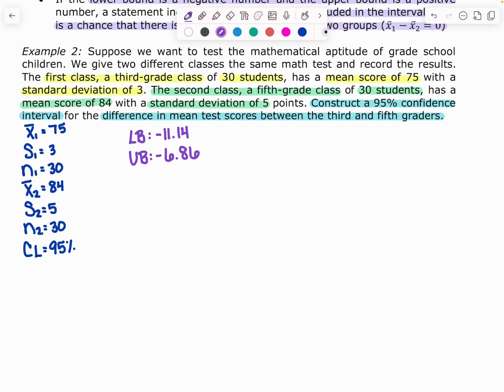I could have gone to 1 decimal to give the accuracy to one more decimal than was presented, but I decided to go to 2 just because 2 looks better than 1 to me. I always like giving more decimals, not less. So that's the interval. That's it. It's done. All I have to do now is interpret it.